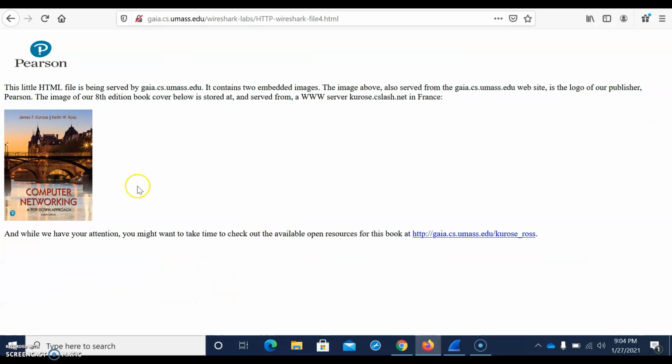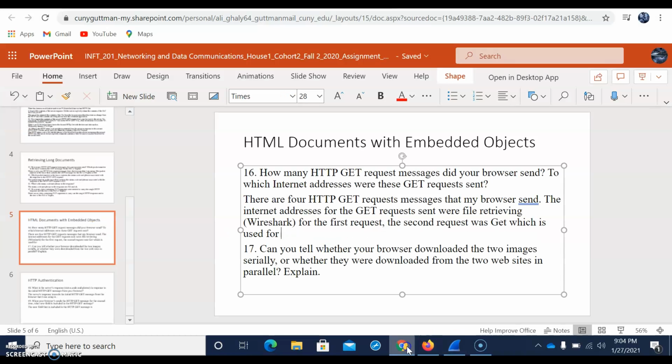Wireshark. The PNG image, I believe. PNG version of the 8th edition.